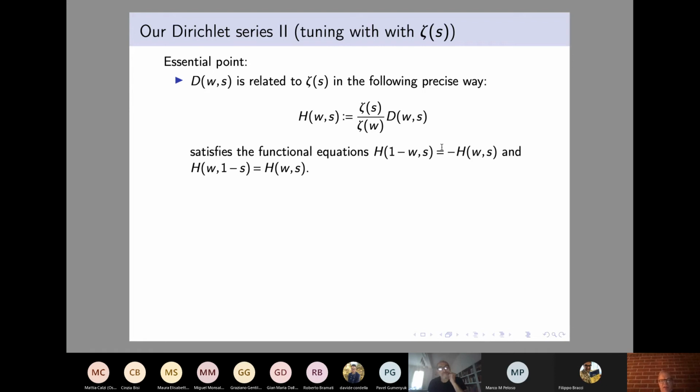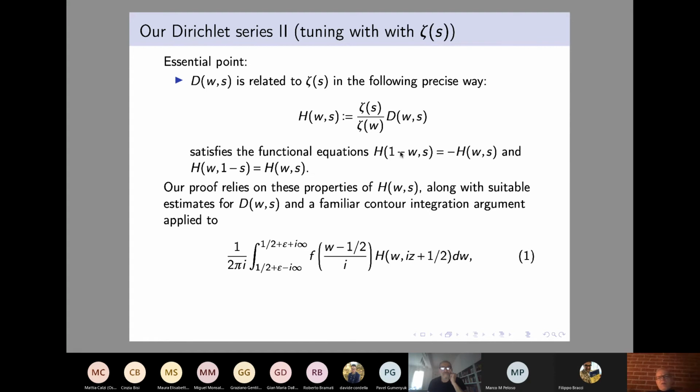This is what I said about the general situation: you want functional equations for your Dirichlet series kernels. Thanks to the relation between the two objects, this Dirichlet series d_w of s and Zeta of s essentially satisfy the same functional equation. You get this nice functional equation, which is really what we need to prove the result.